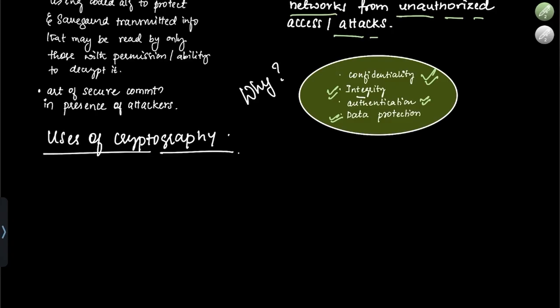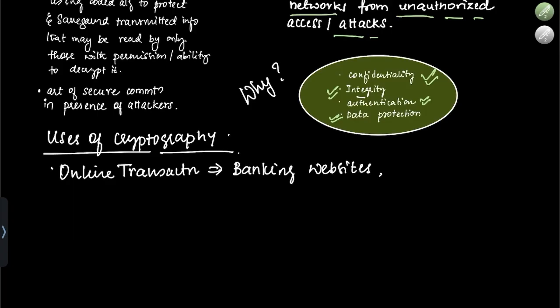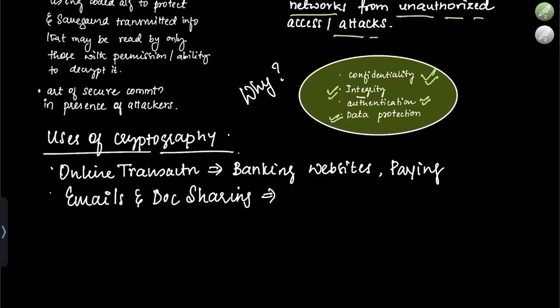So these days cryptography is used everywhere, right from the online transactions, that could be through the banking websites, or any payment if you are doing, anything for that matter. Then we have emails and document sharing, where the data is encrypted before sharing it.